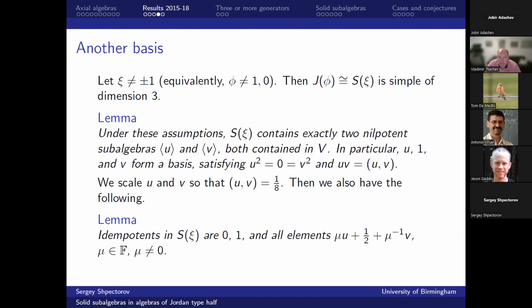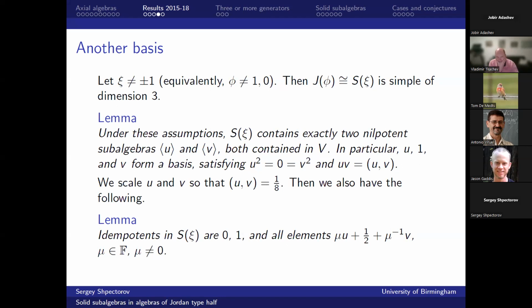I don't think I'll have time to actually use this information later, but for our later proof, it's very important that this spin factor has a different nice basis. So if xi is not equal to plus or minus 1, which will pop up later as a condition, because xi is not 1, in particular, this S of xi is the same as our J of phi.